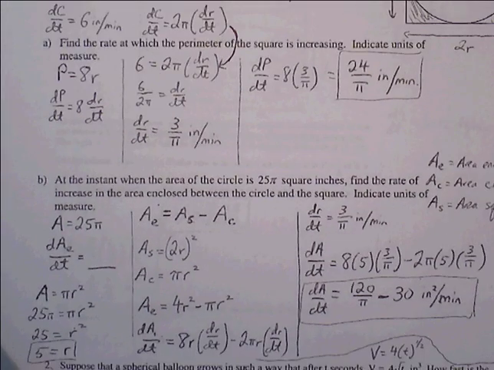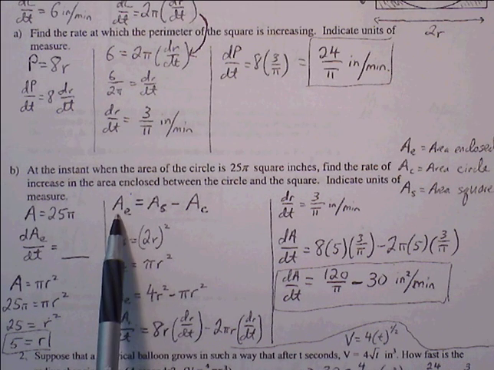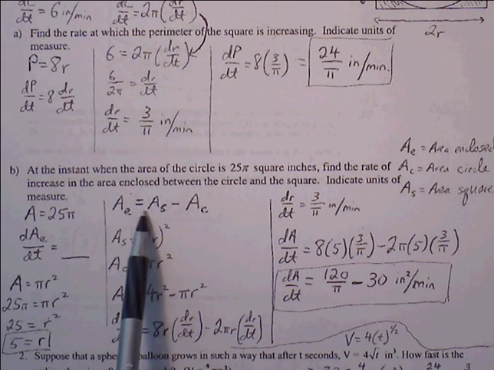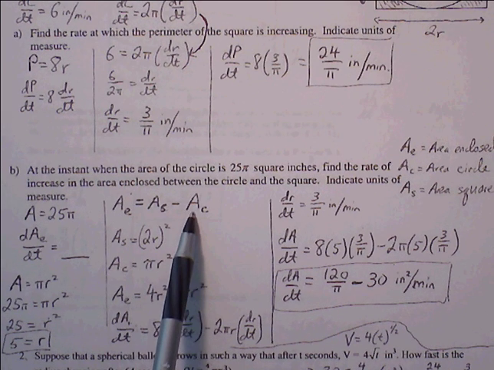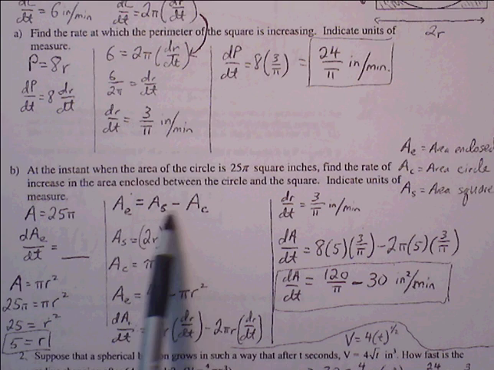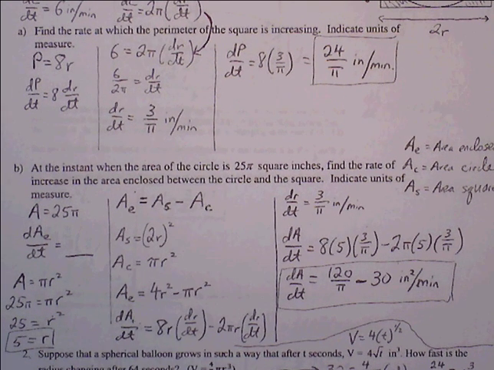So the equation that we're going to use is, we know the area of the enclosed, the area of the shaded region, is equal to the area of the square minus the area of the circle. Okay, so we can use this to create an equation, and then from there we can evaluate the derivative.